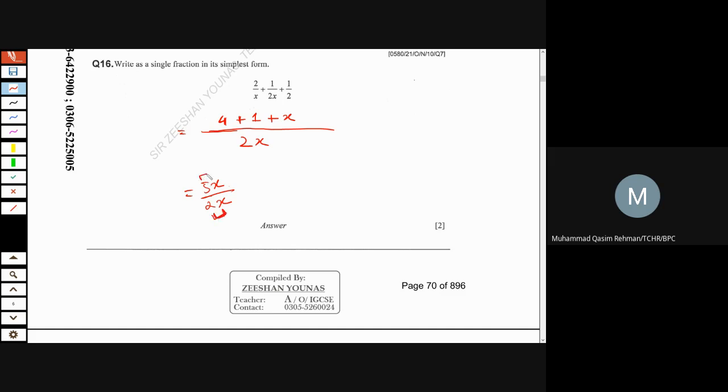In the numerator we also have factors, like 5 is being multiplied with x. Now you can easily cancel out the x's here. But when you have 5 plus x over 2x, then you cannot cancel out this x with x. They are not factors. So the final answer is 5 plus x over 2x.